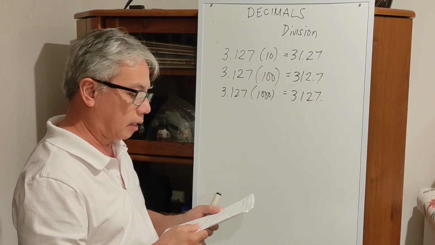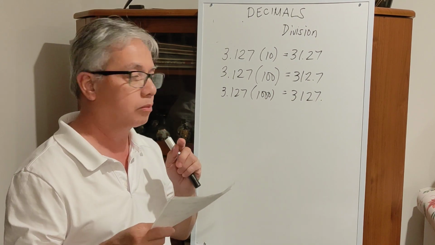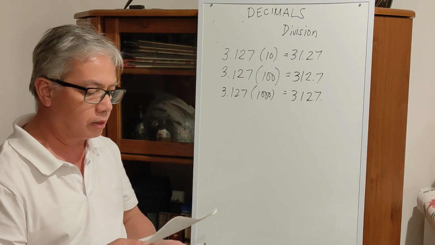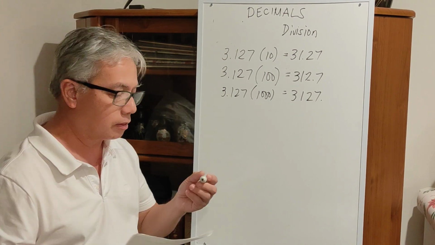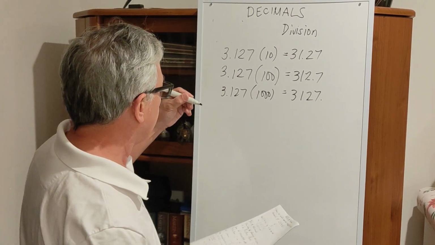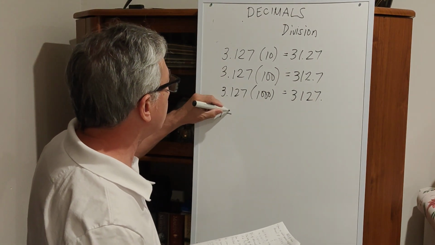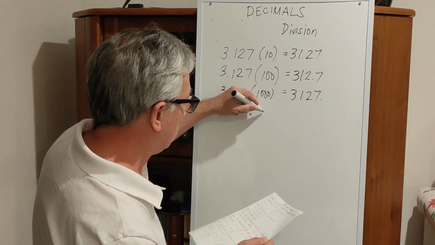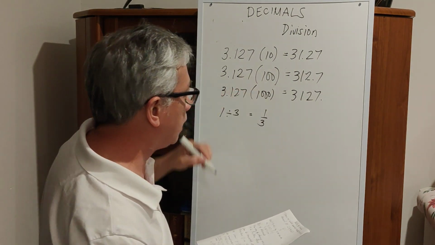Now, another thing I'd like to point out first is that one way of showing division is in fraction form. For example, if you have division 1 divided by 3, you can rewrite that as 1 over 3.